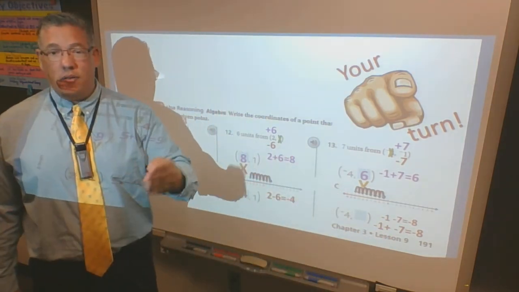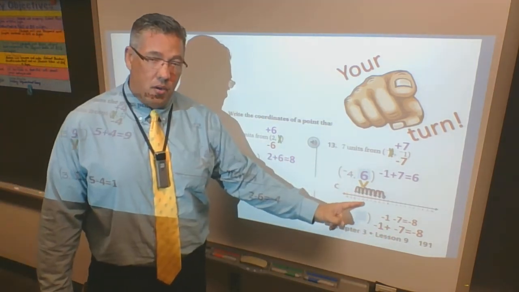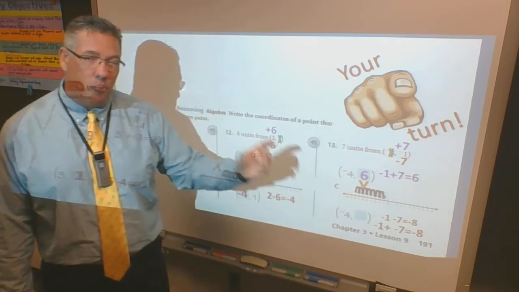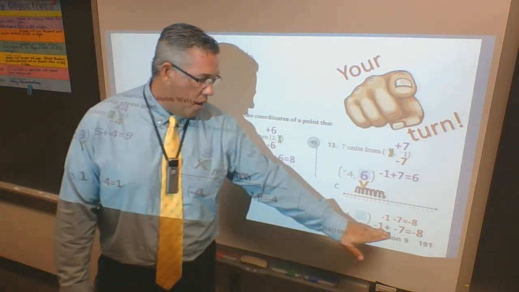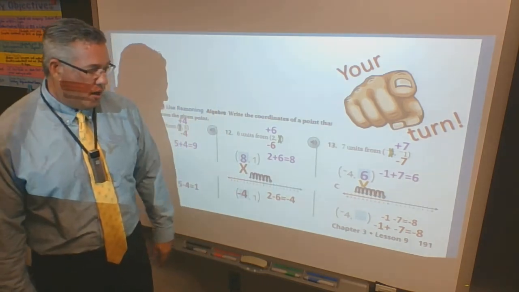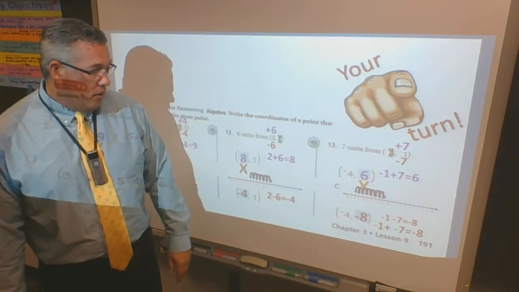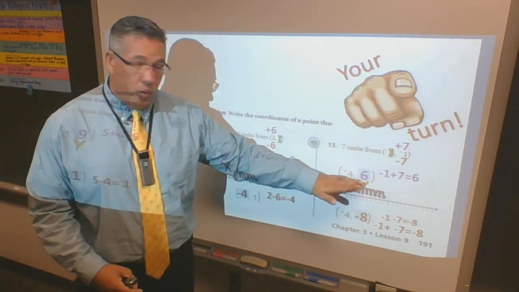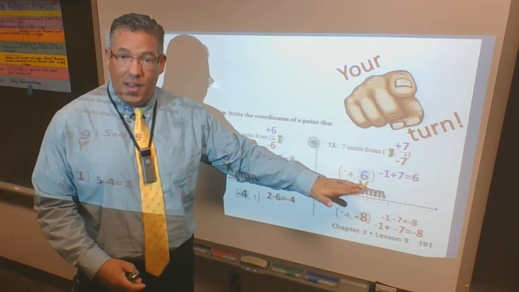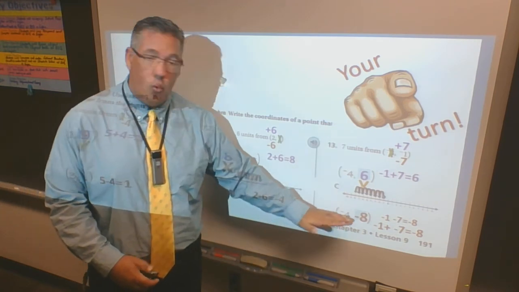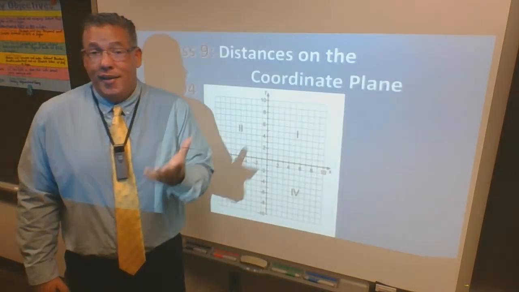We haven't taught that yet, but you can figure that out by doing the number line. All of these are going to be pretty easy numbers to use, but I'll show you how to switch this up and how to change it. But I'm still going to get to the -8. So one of your options, you either should have gotten -4, +6 for your ordered pair, or -4, -8 for your ordered pair. That's the lesson.